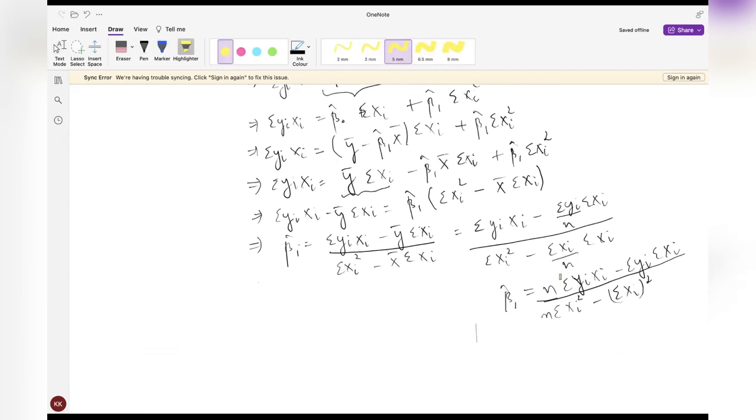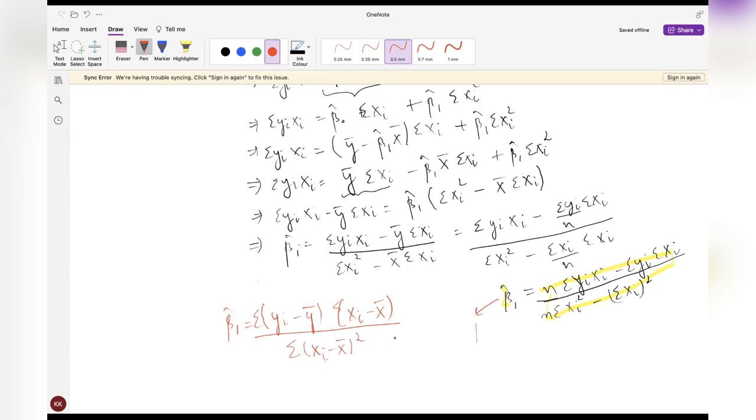Now, this is the value of beta 1 hat. But remember that if we manipulate this equation further, we can also write beta 1 hat as summation of yi minus y bar into xi minus x bar upon summation of xi minus x bar whole square.